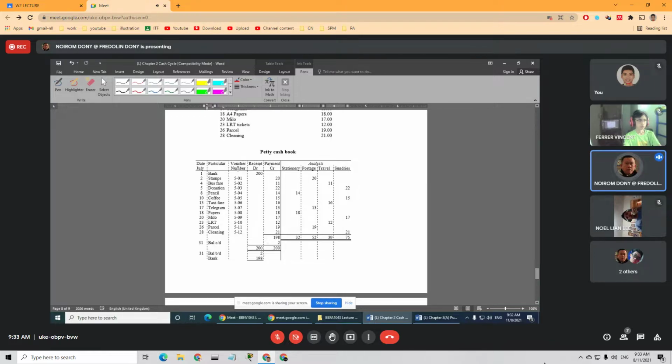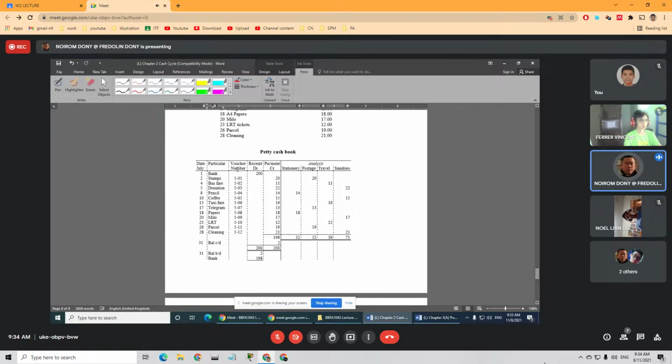If it is not provided in the exam, you just create it. Like this one is July, so let's say I change it to May. So this is all five, five representing May. Number one, number two, number three, and so on, until however many transactions you have for that particular month. That is if you are asked to provide the petty cash voucher number.